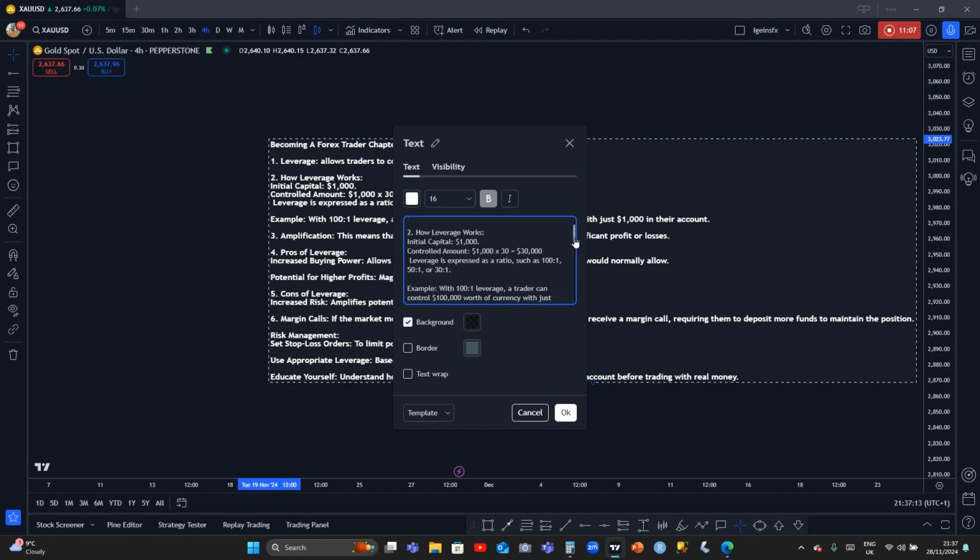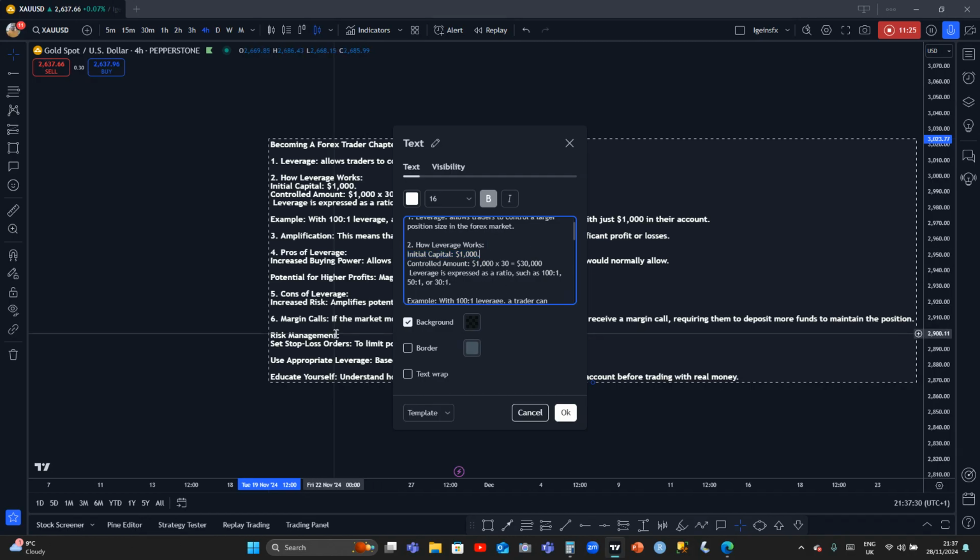Then another point you want to know is how leverage works. Just get your pen and a paper and make notes. It's very, very important, and listen attentively. This is how it works. Let's say, for example, your initial capital is $1,000.